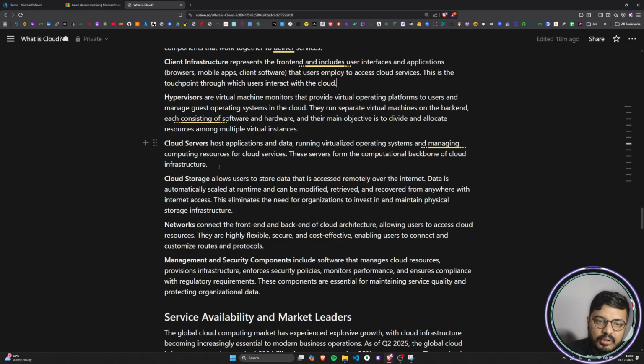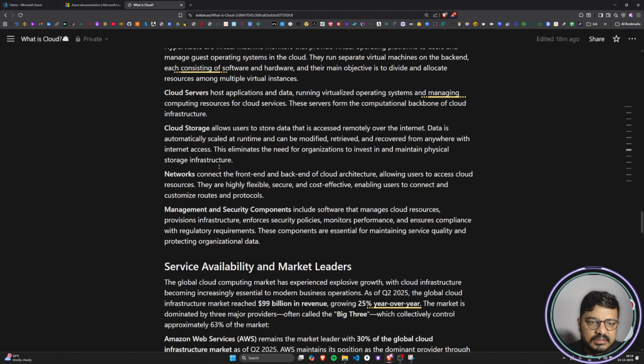They can be used for hosting our applications, managing the data, and doing any kind of compute work that we want to do, very easily.